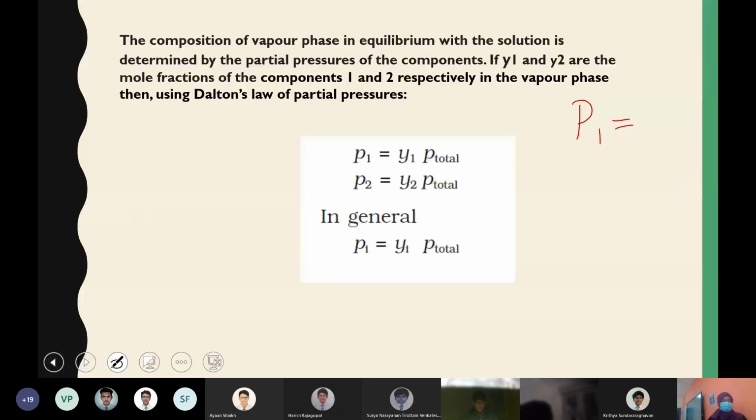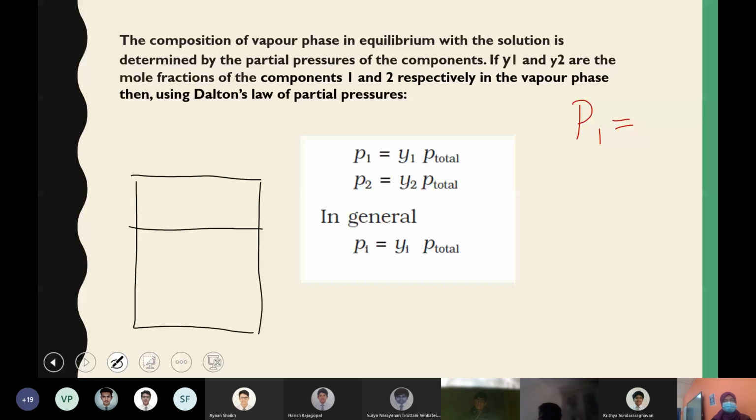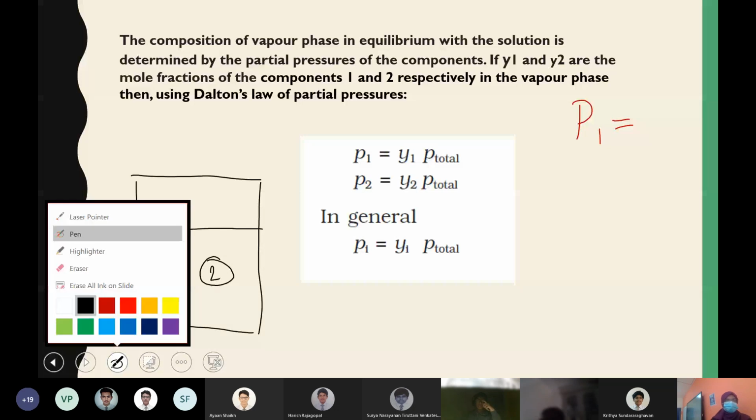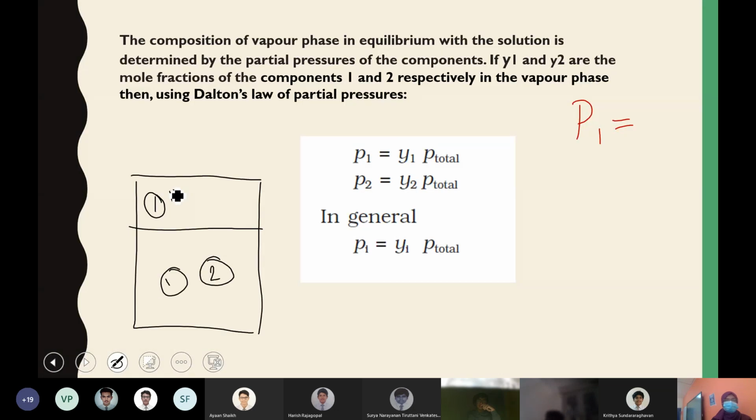Okay. So in our condition, we have a closed beaker and you have component 1 and 2. That was a mixture. 2 liquids were there, volatile. You can have component 1 in the vapor form and component 2 also in the vapor form.